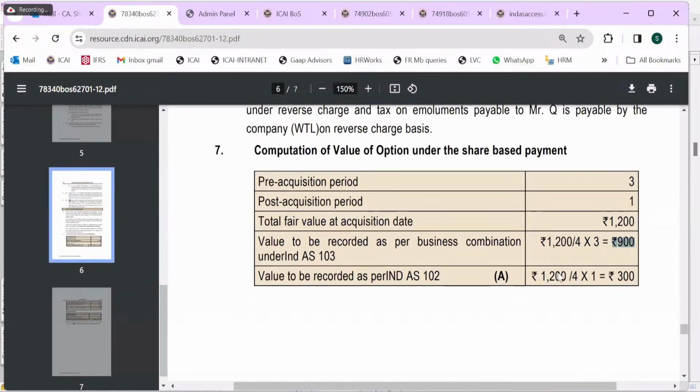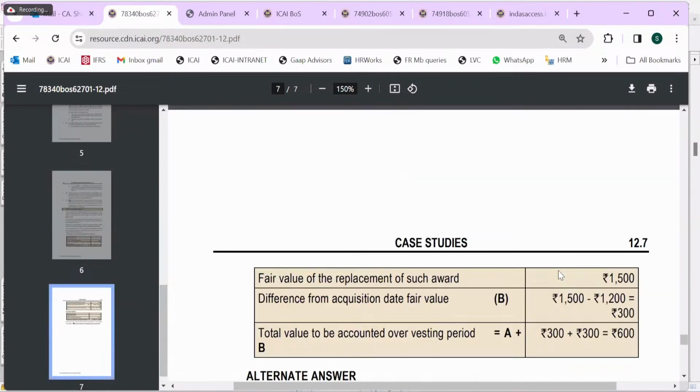What they have done here in the first way, first we have found the difference between 1500 and 1200, that is 300 rupees, and later the 300 which we have not used out of this 1200. Are you getting my point? From 1500 to 1200, this 300 is not used for purchase consideration, and in this 1200 also we have not used 300.